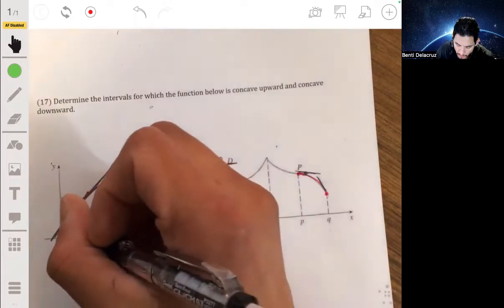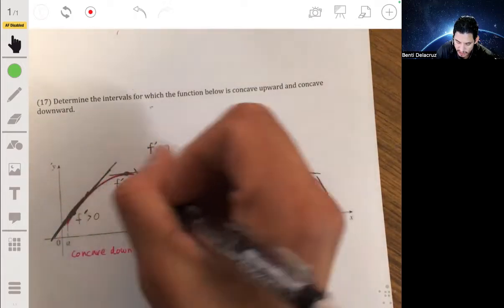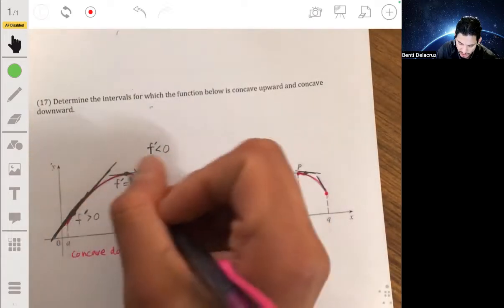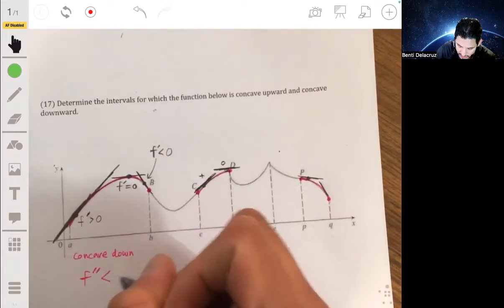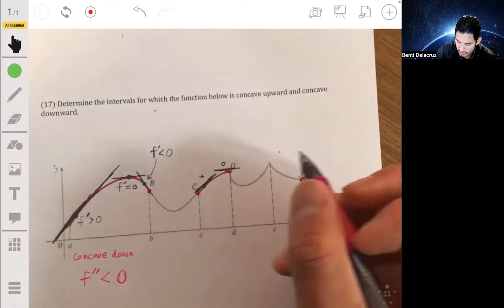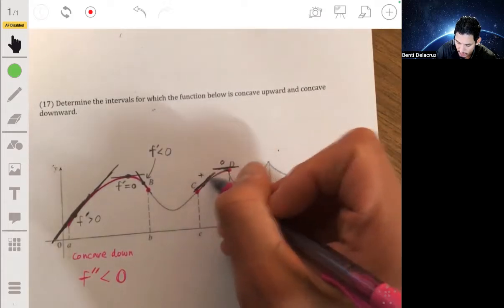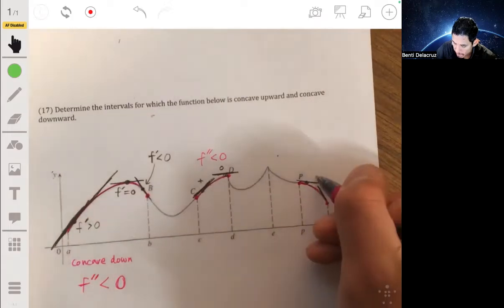So here, where it's concave down, the first derivative is decreasing. That means the second derivative, or the derivative of the derivative, is negative. The second derivative here is less than 0, on this pink region, here and here.